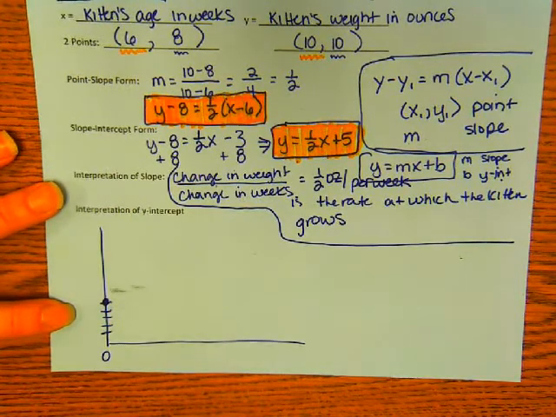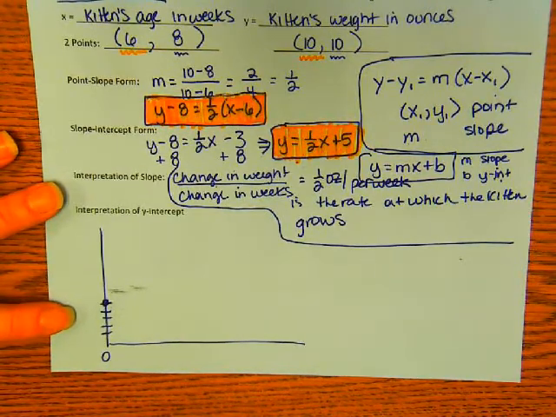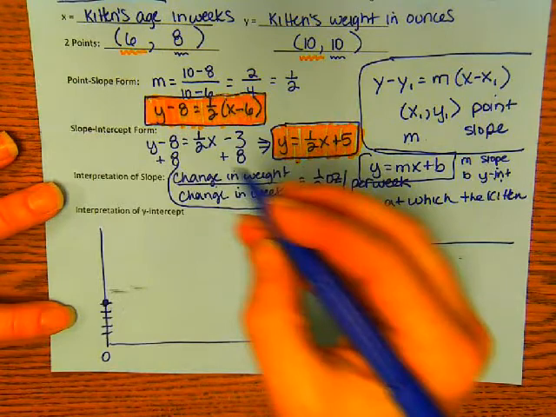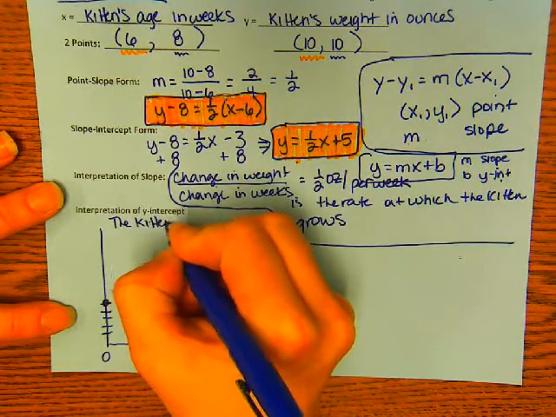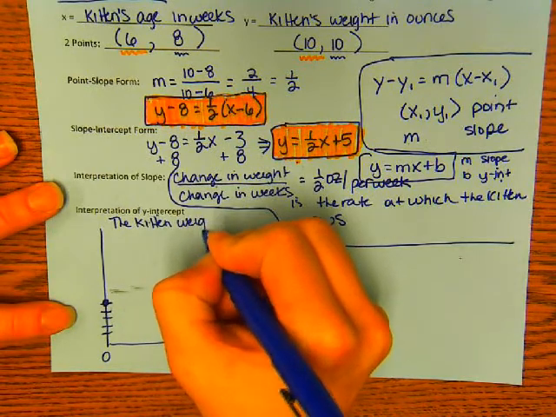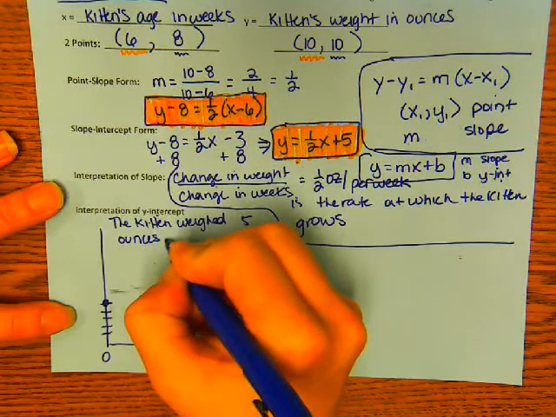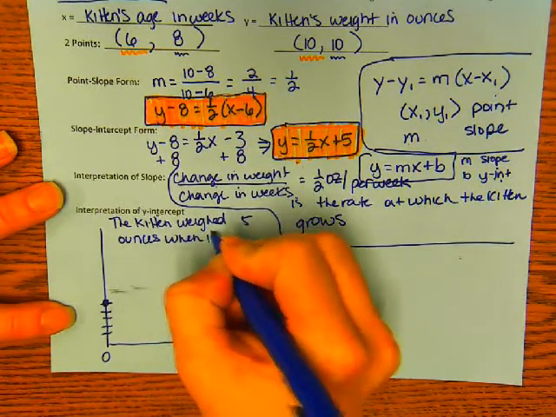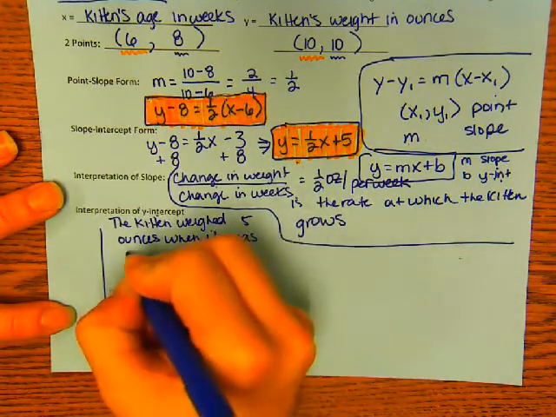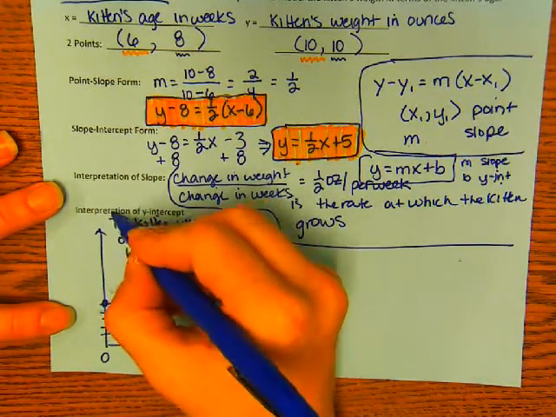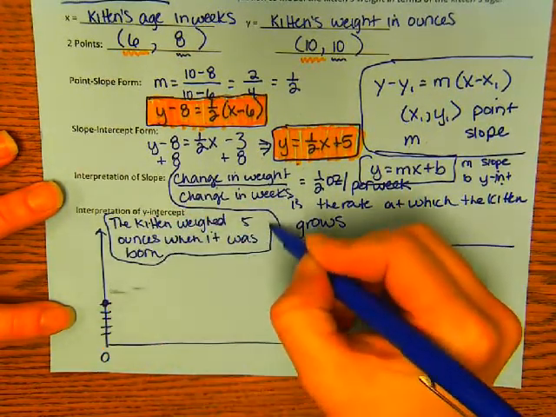So the interpretation of the y-intercept is it's 5, and this would mean that the kitten weighed 5 ounces when it was born. So that would be our interpretation of the slope and the y-intercept.